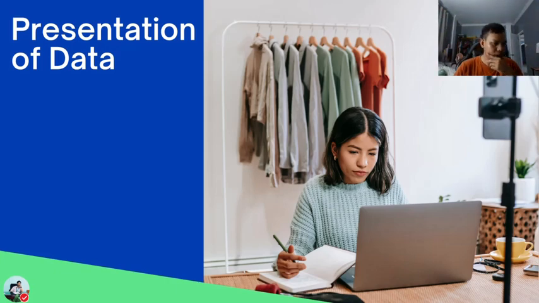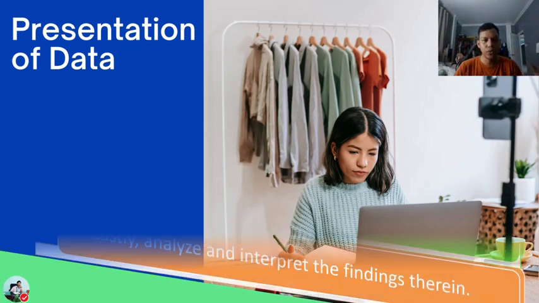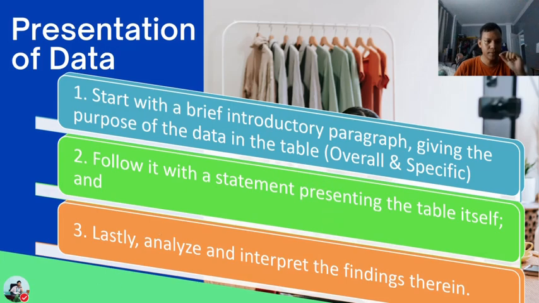Can you still recall part 1 of our chapter 2? You have a brief introductory. The first paragraph is about the overall of chapter 2. Then the second paragraph is about the brief introductory of the specific.